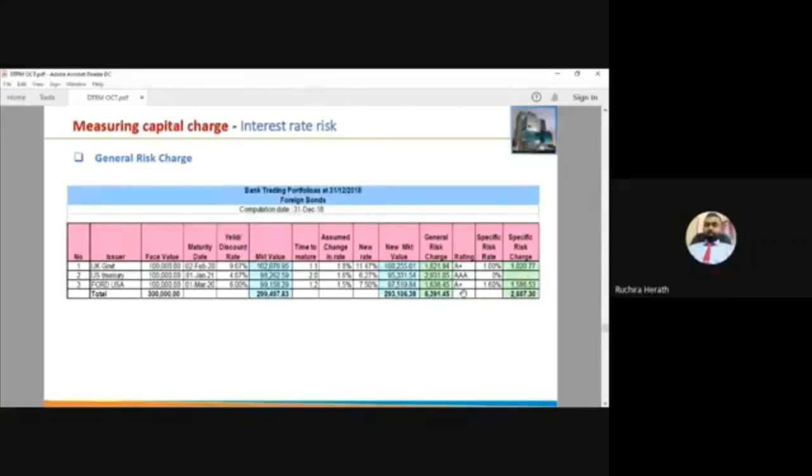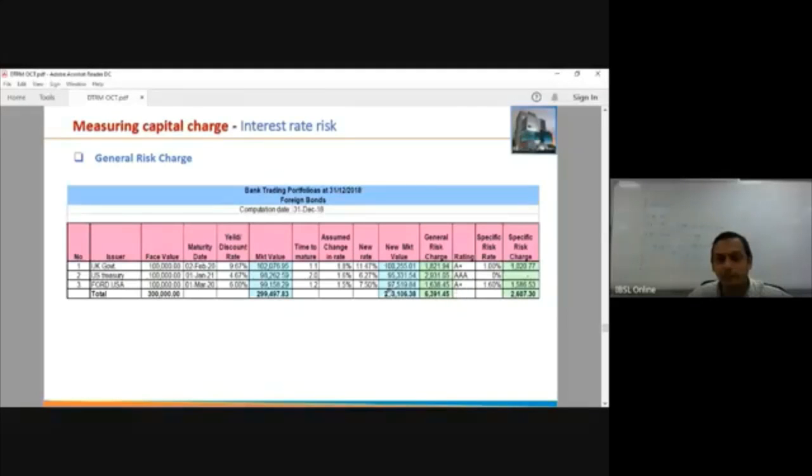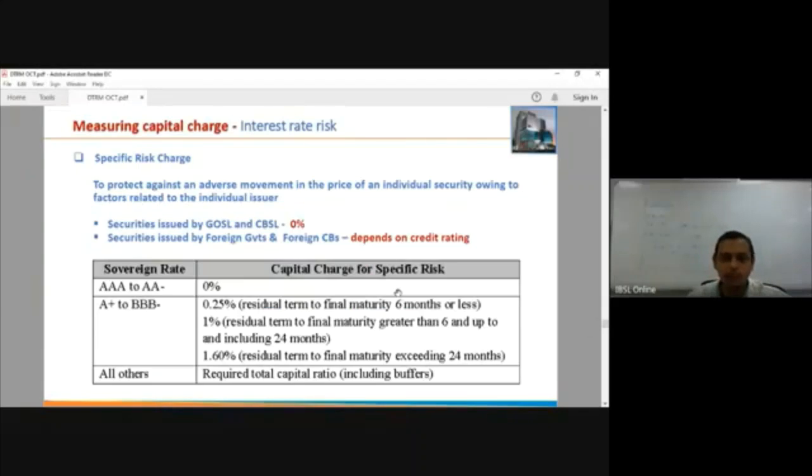Their rating is A+, and the instrument remaining maturity is 1.2 year. So then you need to find out what is the specific risk charge rate, depending on this A+ rating and 1.2 year remaining maturity?